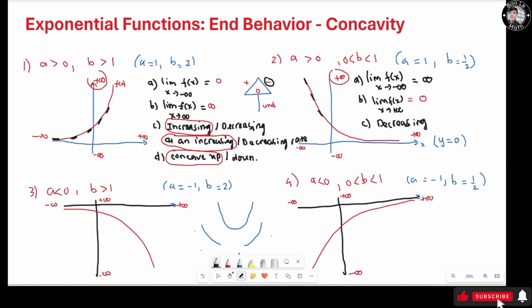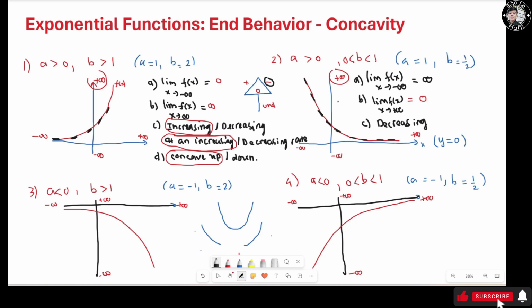Now, if we keep drawing tangent lines, we see that if the tangent lines go this way, the steeper, the smaller the slope. So this is steeper right here, and this one is getting less steep, and this one less steep, until the tangent line approaches 0, which is the horizontal line right here.